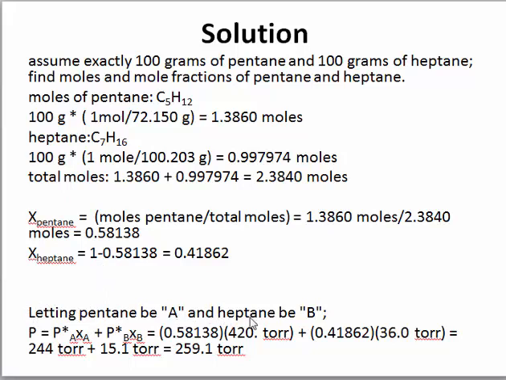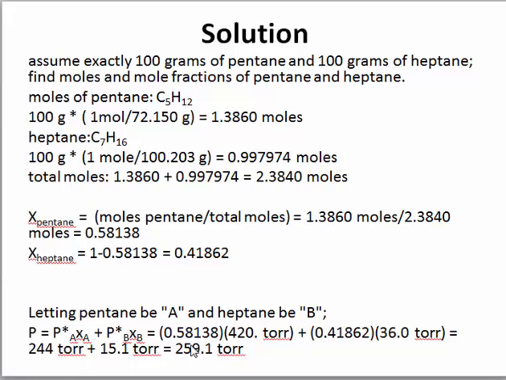We can let pentane be A and heptane be B, and then calculate the total pressure of the solution by finding the pressure of pentane times the mole fraction of pentane plus the pressure of heptane times the mole fraction of hexane. The answer is 259.1 torr.